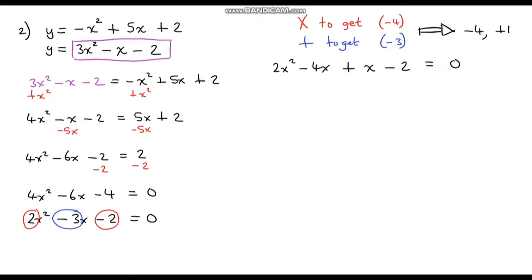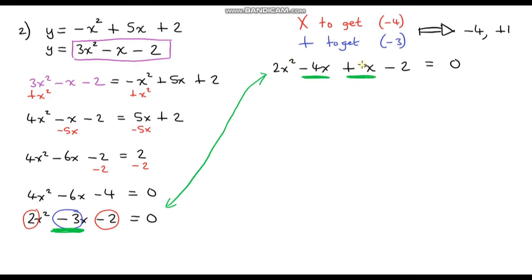So let me just clarify what I've done there. This term here, negative 3x, I've just split up into negative 4x and positive x. Okay, these two equations are exactly the same.